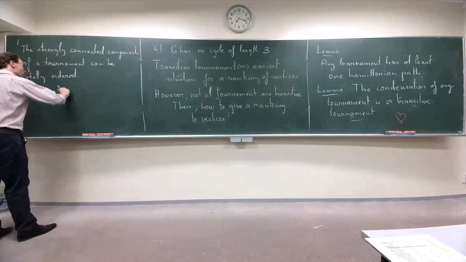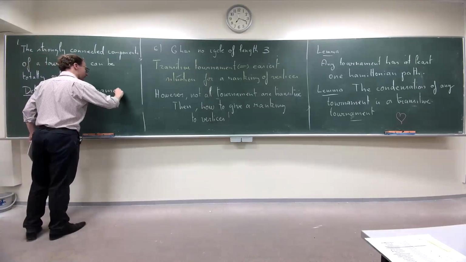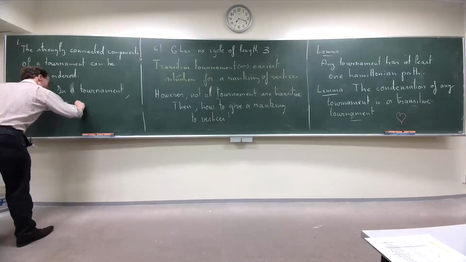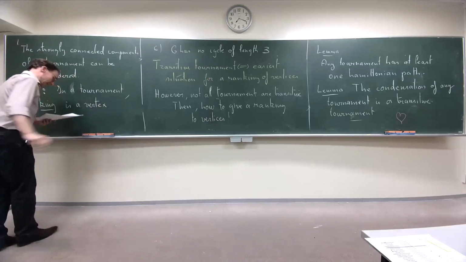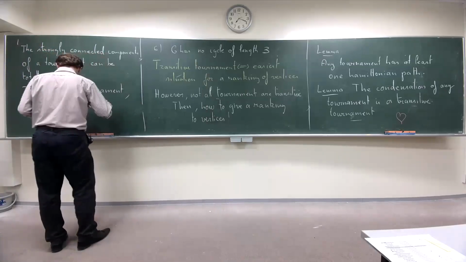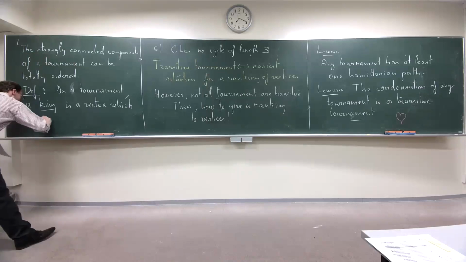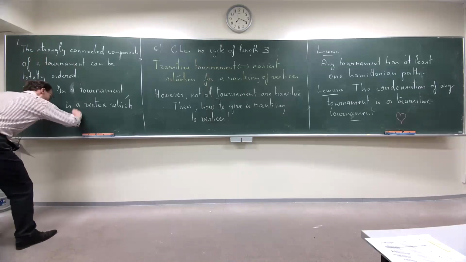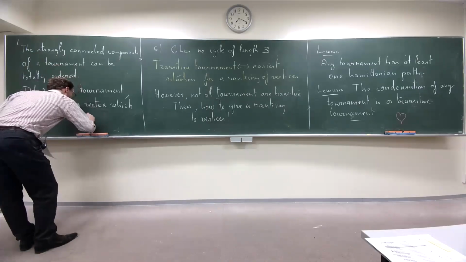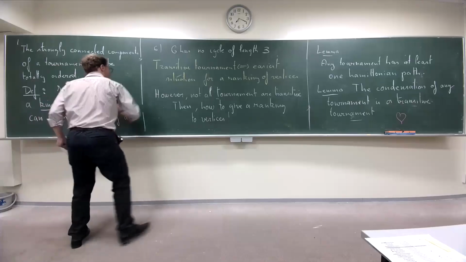So definition: in a tournament, what is a king? A king is a vertex. No, you have to be more precise. It is a vertex which can reach all others by at most 2 steps.